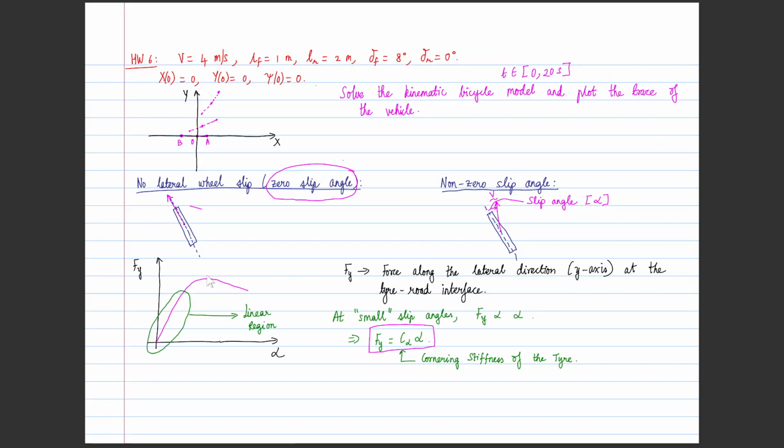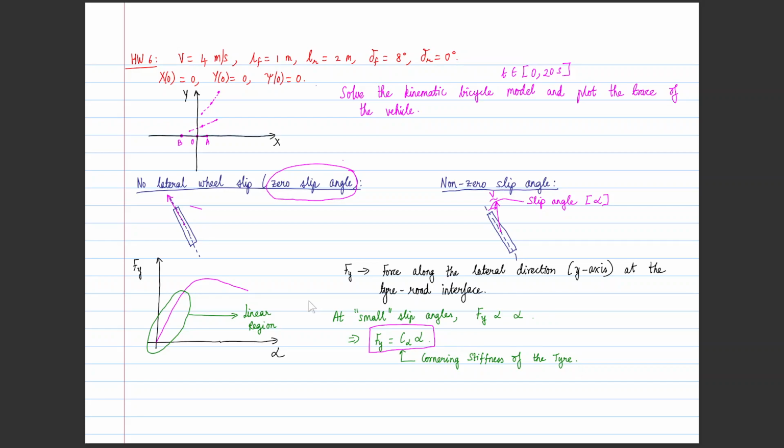Now this kinematic model is fine to work with in the linear region of the Fy versus alpha curve, right? So at small angles, Fy is directly proportional to alpha, which is the slip angle, and Cy is the cornering stiffness. So this is applicable for small angles.